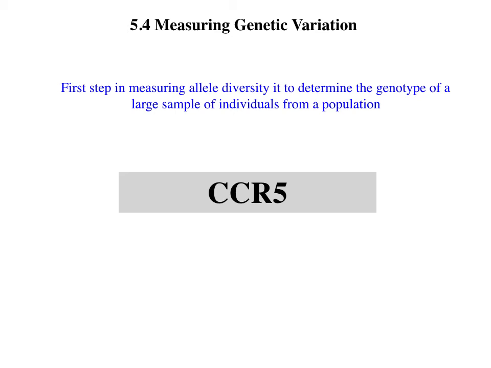To illustrate that, we're going to go back and talk about the CCR5 gene, which is a cell receptor protein that we talked about in chapter 1 when we were looking at HIV. If you remember, there is a mutation in the CCR5 gene called the delta 32, which is a 32 base pair deletion.